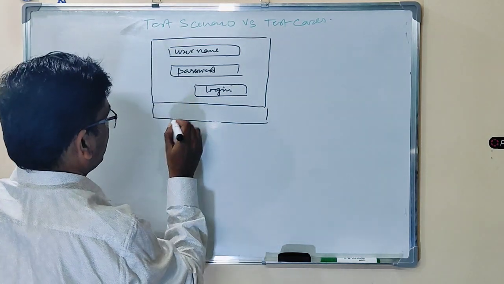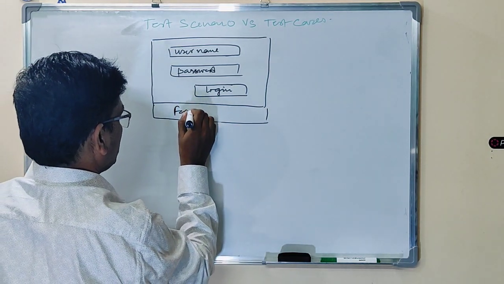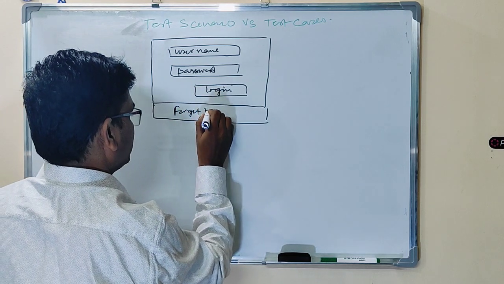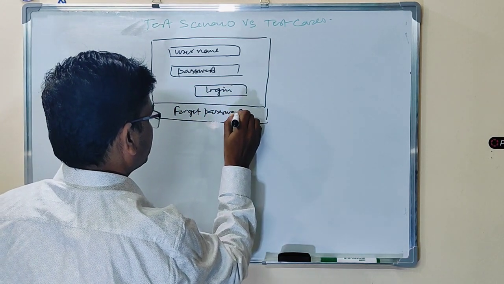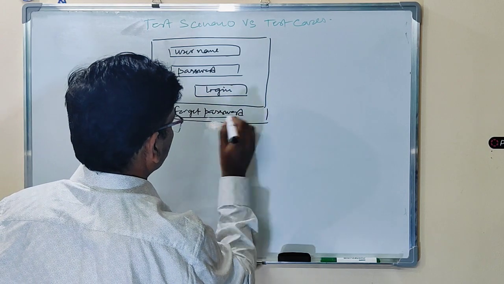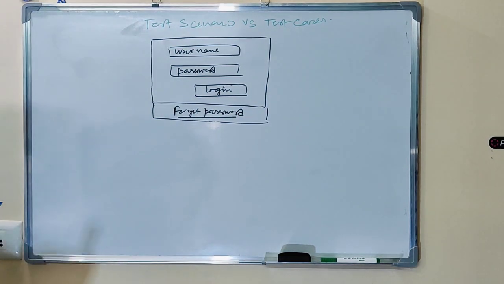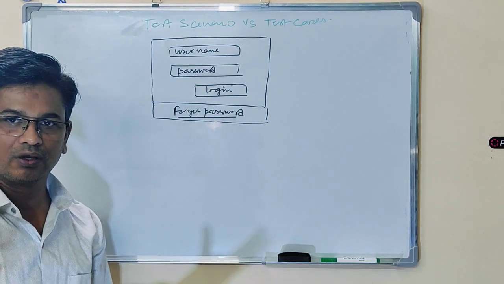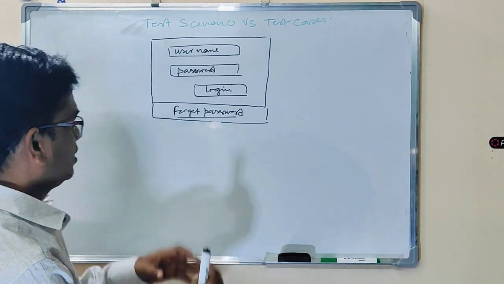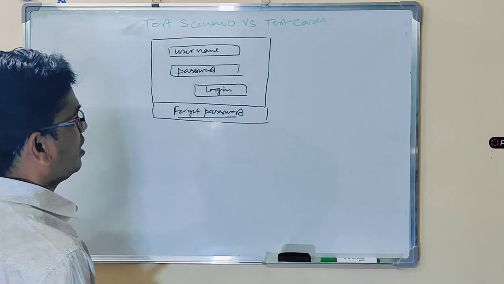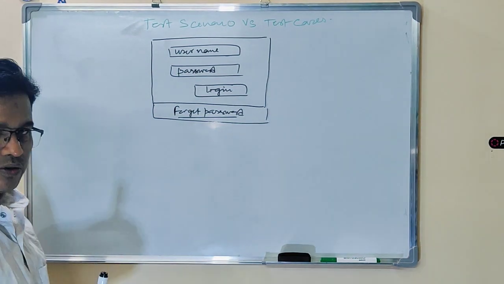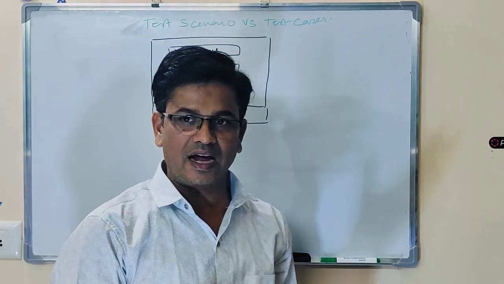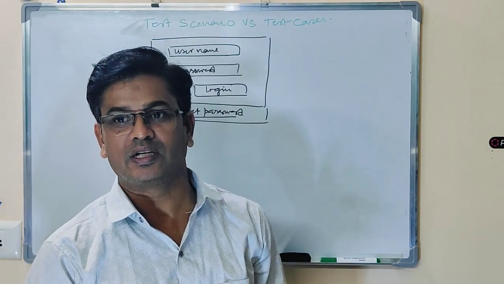There is a link for forget password. So this can be an example of any web page, which contains username, password, login button and forget password field. Okay, so let's start writing the test scenarios, then test cases.